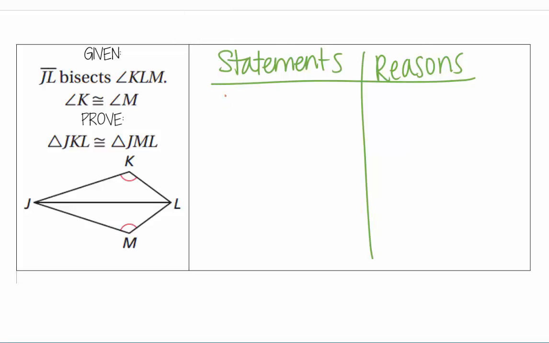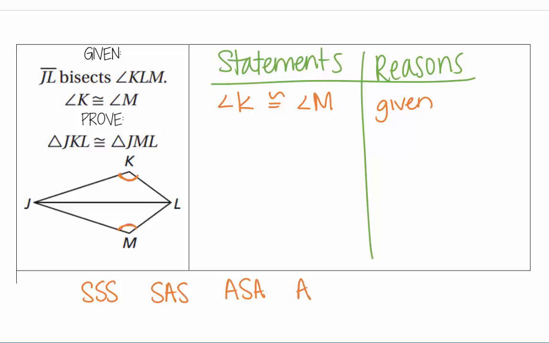So they tell us the angle K is congruent to angle M. So right now, out of my 5 shortcuts, remember you have SSS, SAS, ASA, AAS, and hypotenuse leg. So far with the information they told us, I know one angle pair is the same. So I can cross this guy off.